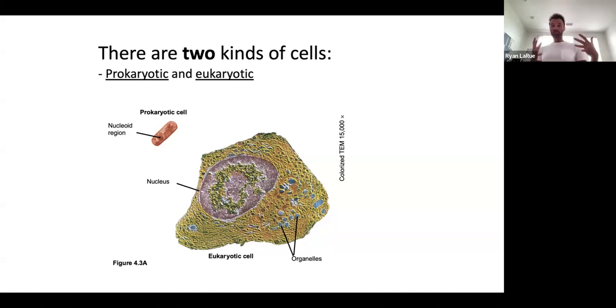So one of the key differences, as you can see right off the bat, is that, and there's always an exception or two. I've probably said that many times before in biology, there's always an exception. But for the most part, eukaryotic cells are much larger than prokaryotic cells, as you can see.